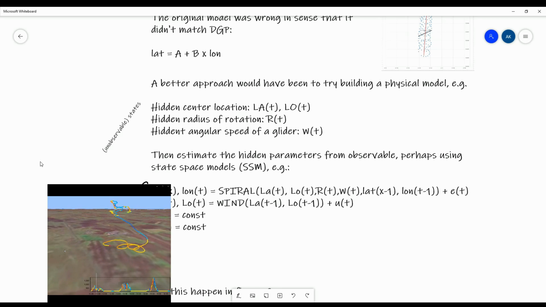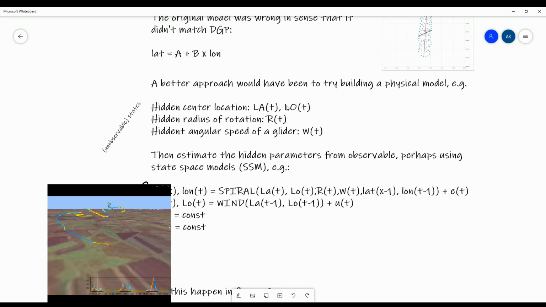Well, you have to understand this complex movement which we're seeing on screen, right? So what's going on here? Maybe you would think that, like I mentioned, the paraglider or a bird is circling around some center of their rotation, and that center maybe we can capture with variables, latitude and longitude of a center, right?